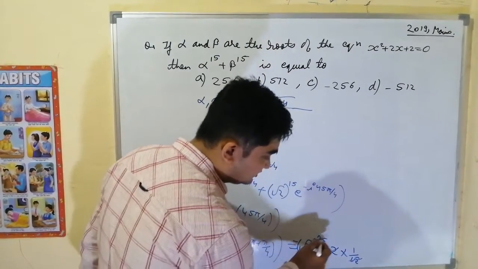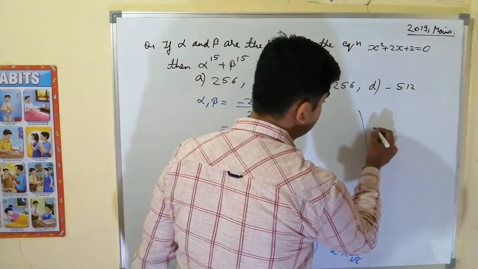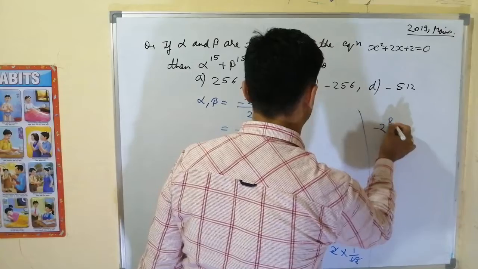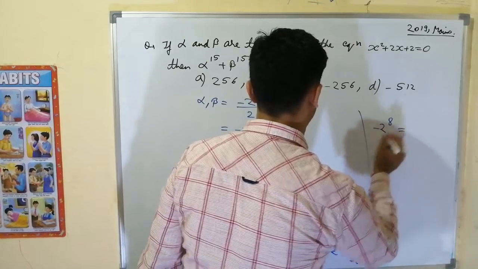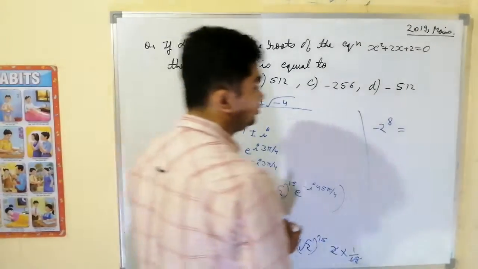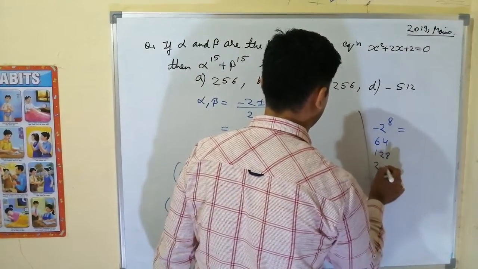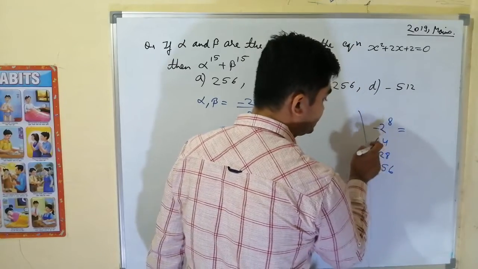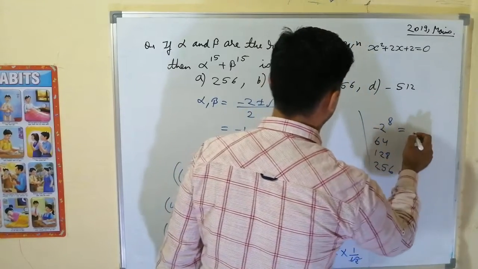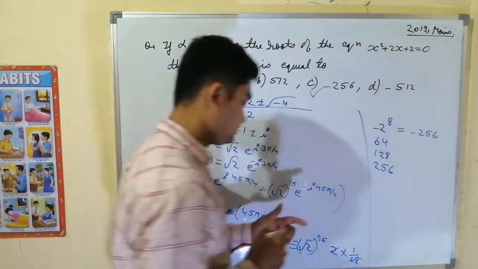So root 2 power 16 minus root 2 power 16 will make it 2 power 8, minus 2 power 8. What is 2 power 8? 2 power 5 is 32, then we have 64, then 128, then 256. It is 6, 7, 8. So answer is minus 256. So C is the answer.